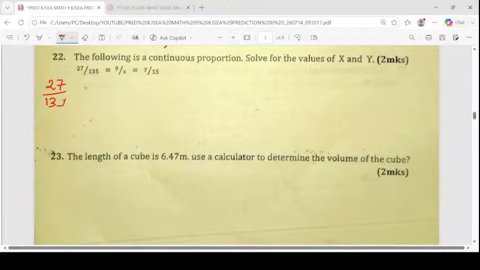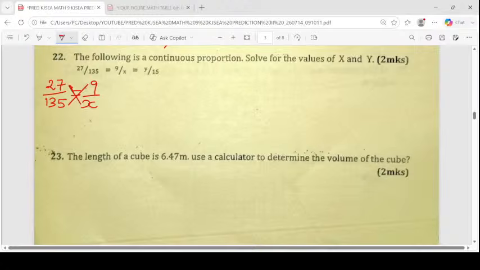Let us look at the next question. I am going to equate this to 9 over x. How do we get the value of x in that particular case? We are going to cross multiply. Let us do the cross multiplication here.